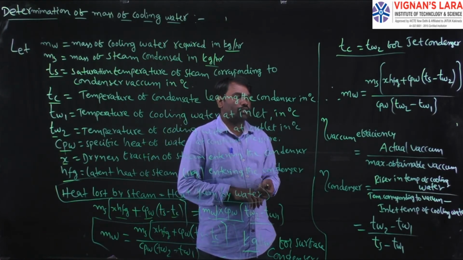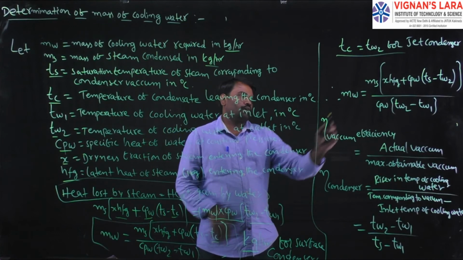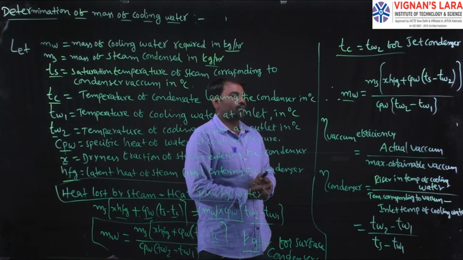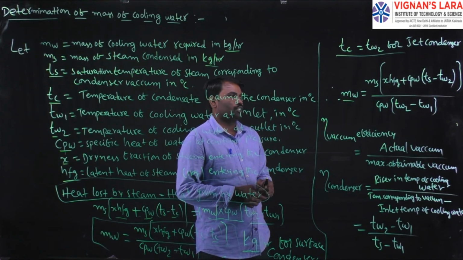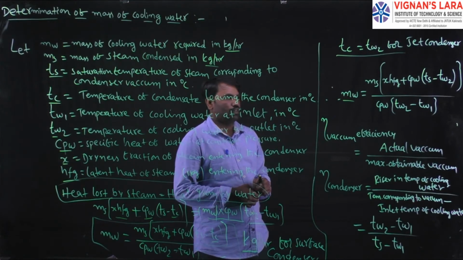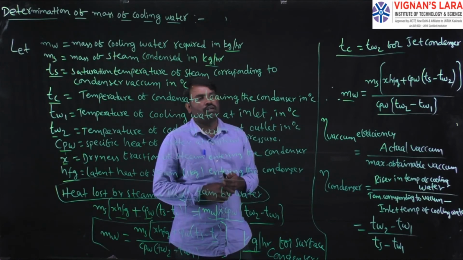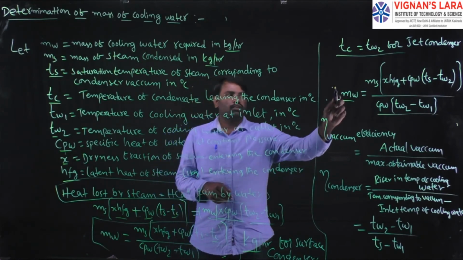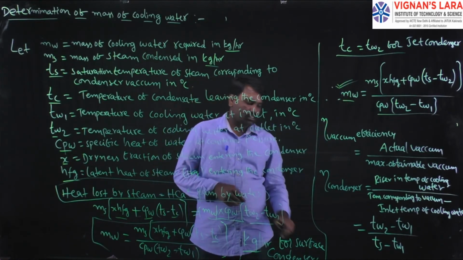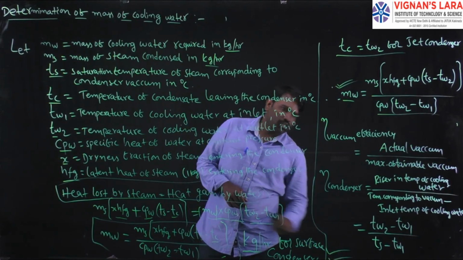Tc is equal to Tw2 for jet condensers. So mw is equal to mass of steam into x into hfg plus cpw into (Ts minus Tw2), divided by cpw into (Tw2 minus Tw1). In case of jet condensers we have to use this formula, and in case of surface condensers we have to use the earlier formula.